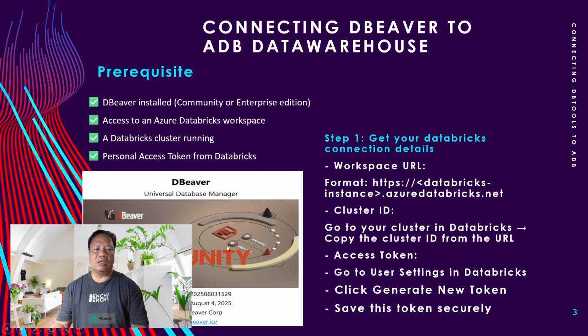I already did this in the previous demo. You need to have DBeaver installed, so download DBeaver, and then you have to have access to your Databricks in Azure and your clusters running, and then you generate the personal access token from Databricks. Then you get your Databricks connection details and create a connection.